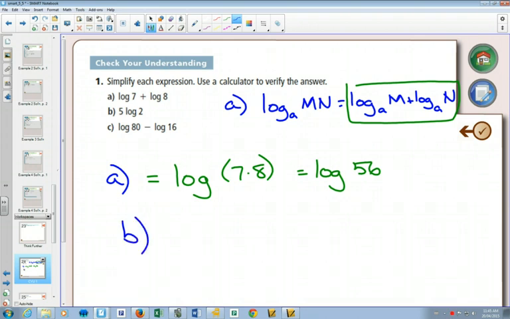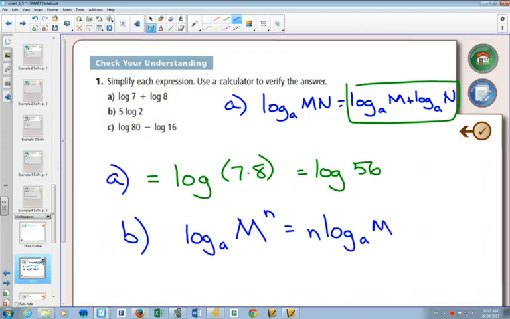For B, on your formula sheet, I should use exact letters so that I don't mess you up. It's M and N every time. On your formula sheet, you have this.